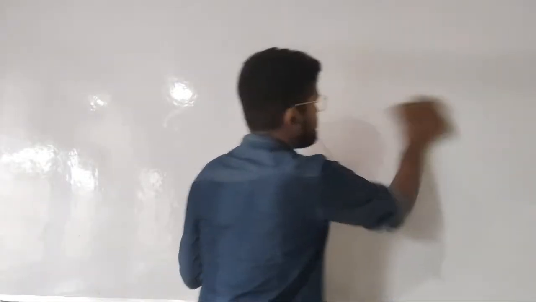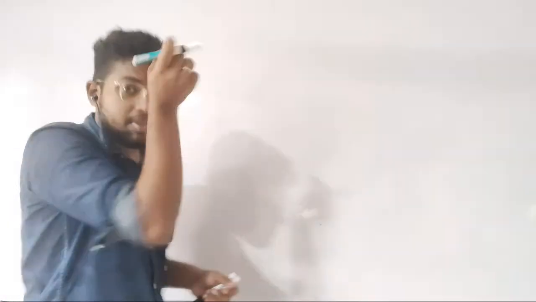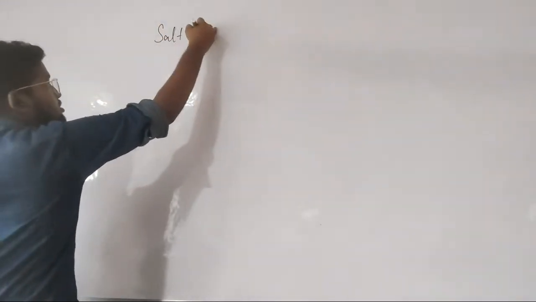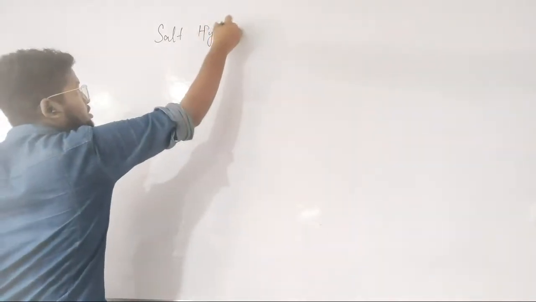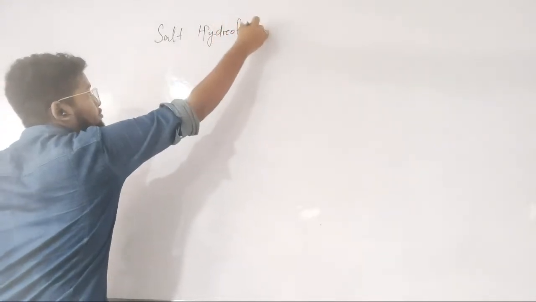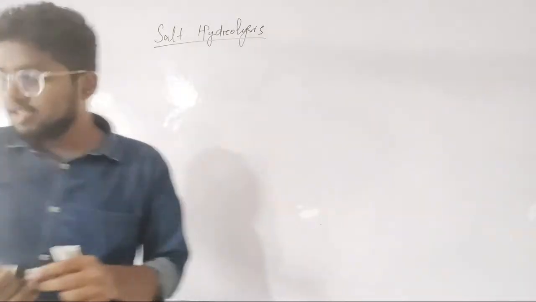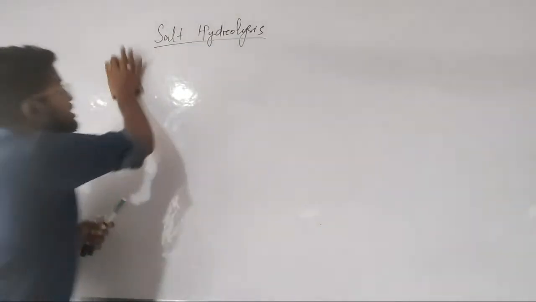This is the most important part of the ionic equilibrium chapter for all JEE Advanced and JEE Main students, as well as all NEET students. If some NEET people are here, don't think this class is useless for you. Salt hydrolysis.